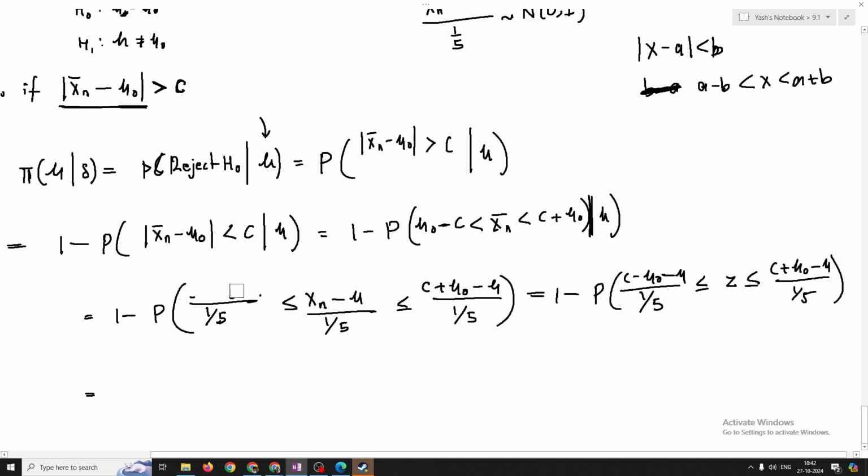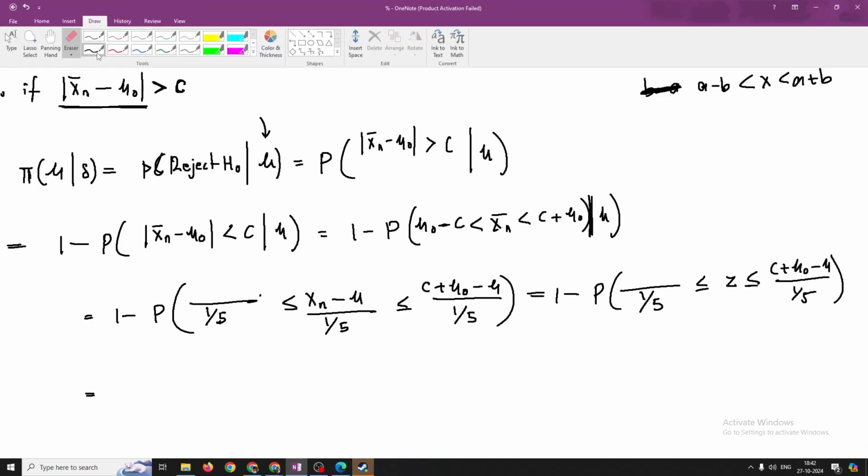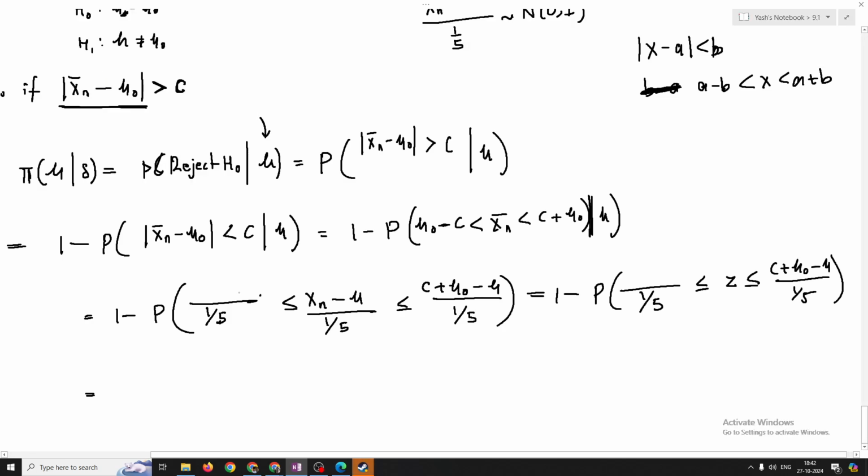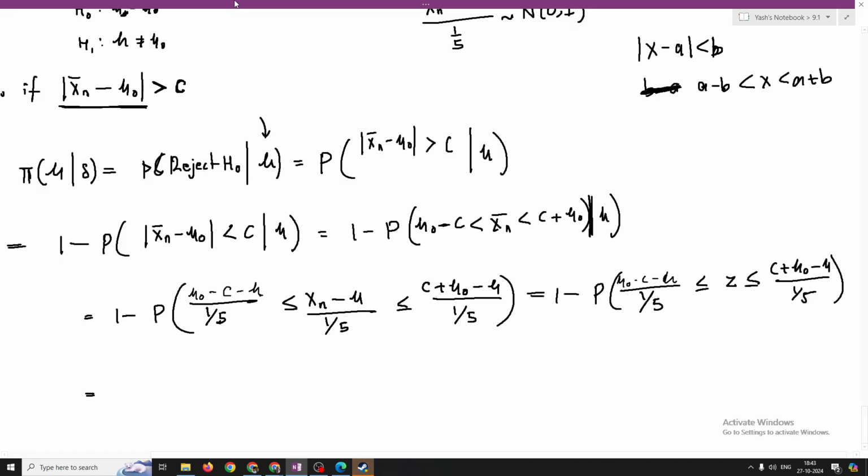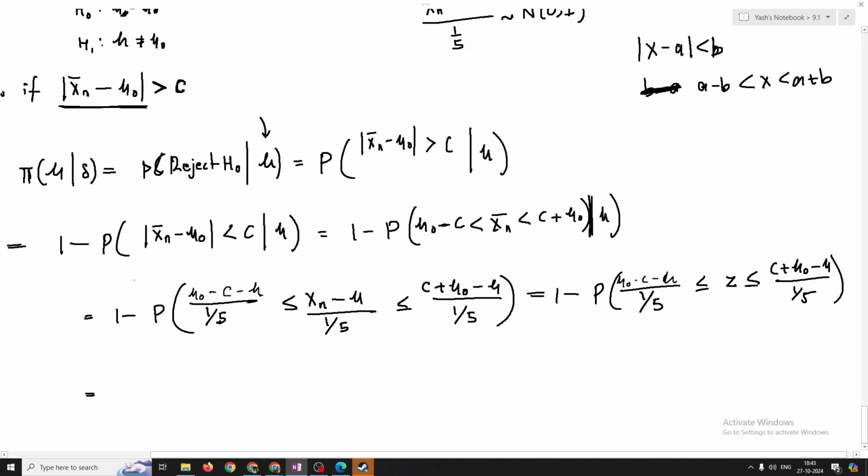I have to make the same changes here too. This should be mu naught minus c minus mu, and this should be mu naught minus c minus mu. So this is my power function.